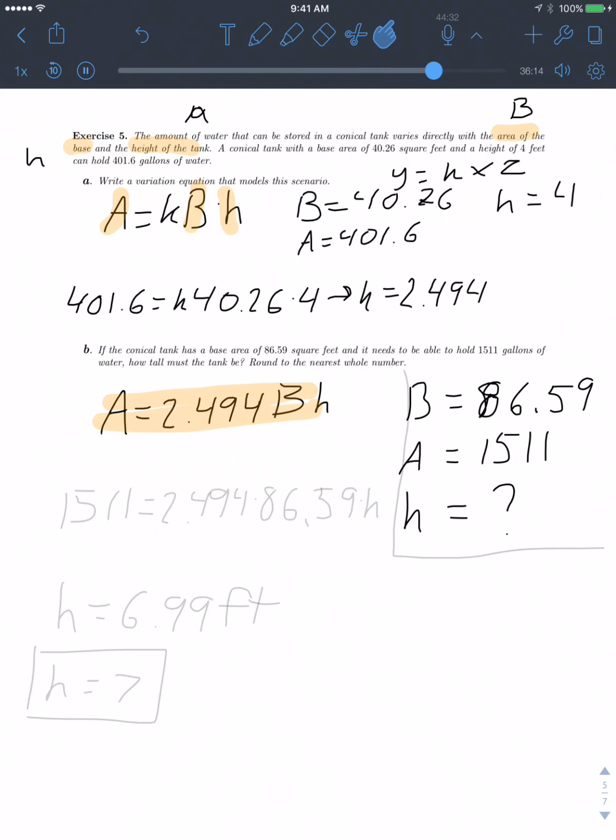Now we have a model. We have an equation involving A, B, and H. So let's plug in what we know and see what we're left with. So if A is 1511, and we have 2.494 times the base, 86.59, times the height.